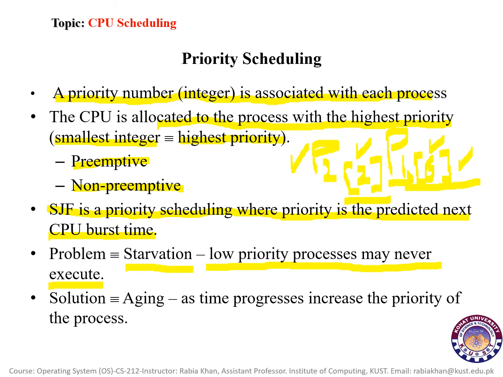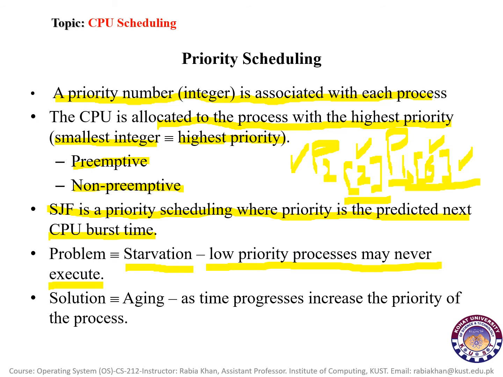So new processes will get executed, but processes already in RAM whose priority number is higher will keep on waiting, and it may happen that they never get a chance to execute. This is the problem known as starvation. Those waiting processes in RAM will get starved and never get the CPU.